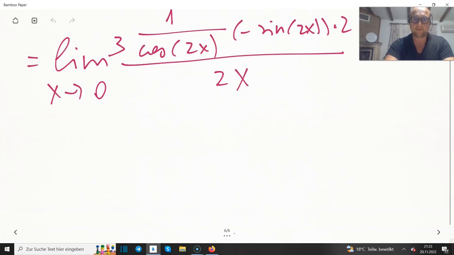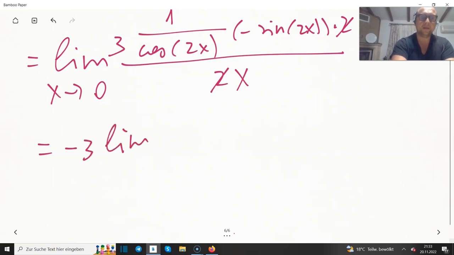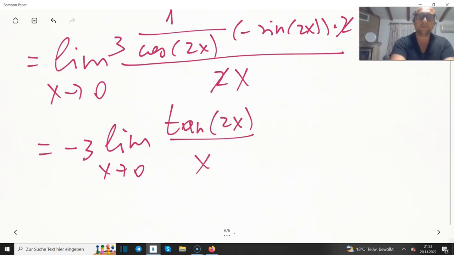Can we simplify something? Well, we can cancel here and there. We can take 3 out, we can take minus out. So we're having minus 3, limit x towards 0. This is a tangent of 2x divided by x.